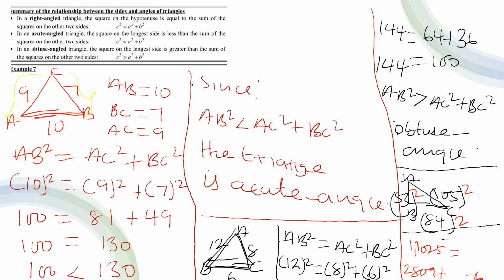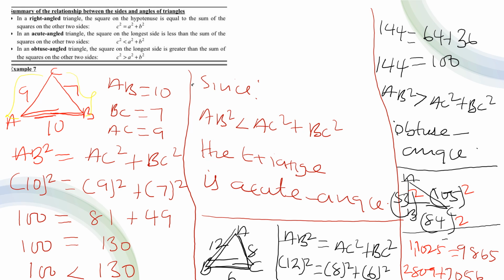I'm getting short of space, guys. 7056 plus 2809 gives us 9865. So 11025 is compared with 9865. Now which side is bigger?